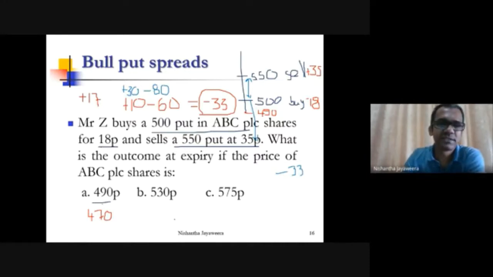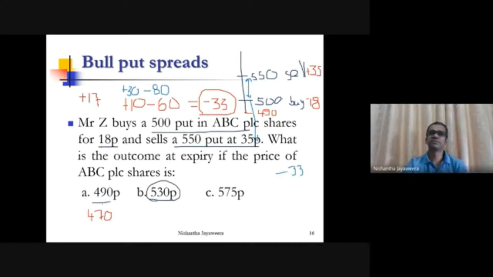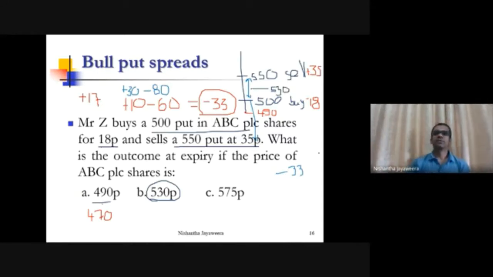Now consider this second option. When the price is at 530, that means somewhere here. What would happen? What's the outcome?